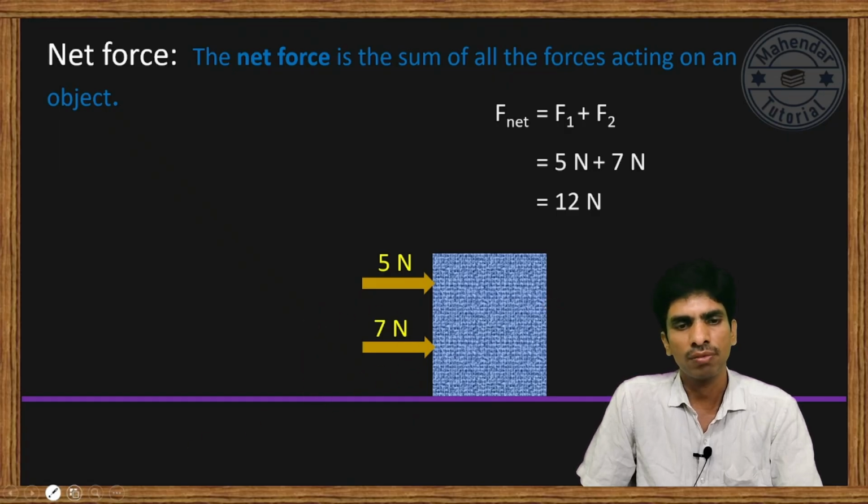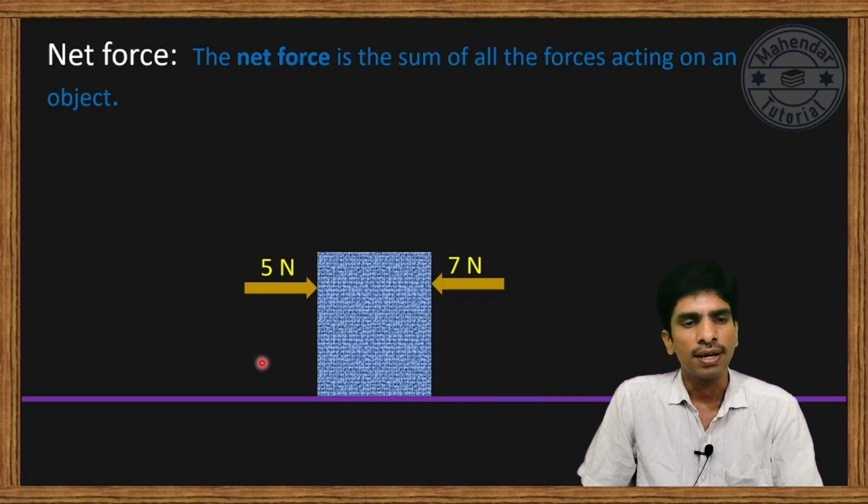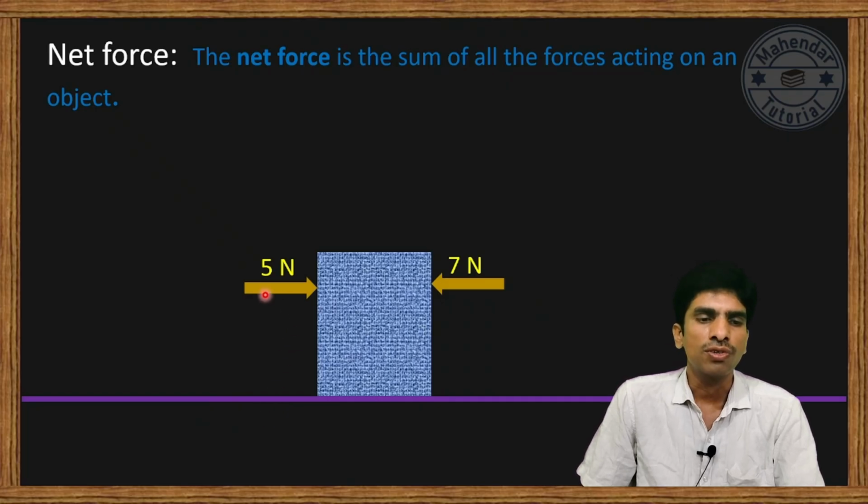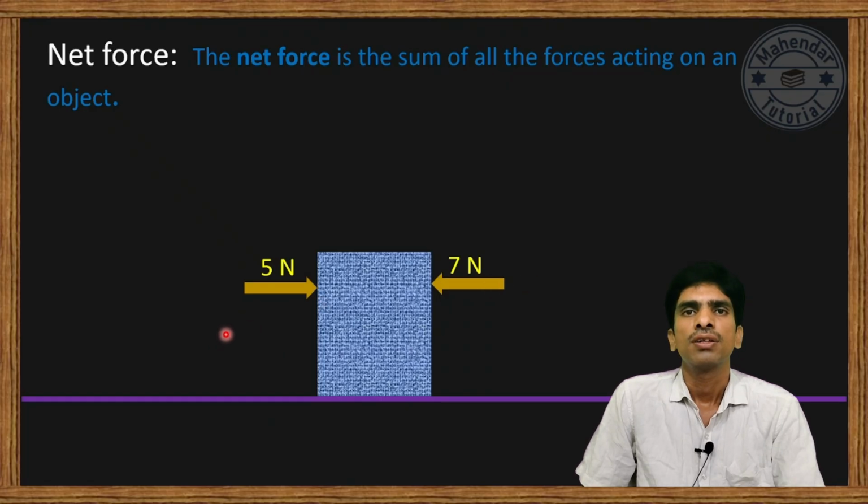Let us see one more example. Here a 5 newton force is acting towards the right and a 7 newton force is acting towards the left. So what is the net force acting on this object? If we observe here, the two forces are opposite in direction. Whenever two forces are opposite in direction, those forces must be subtracted.